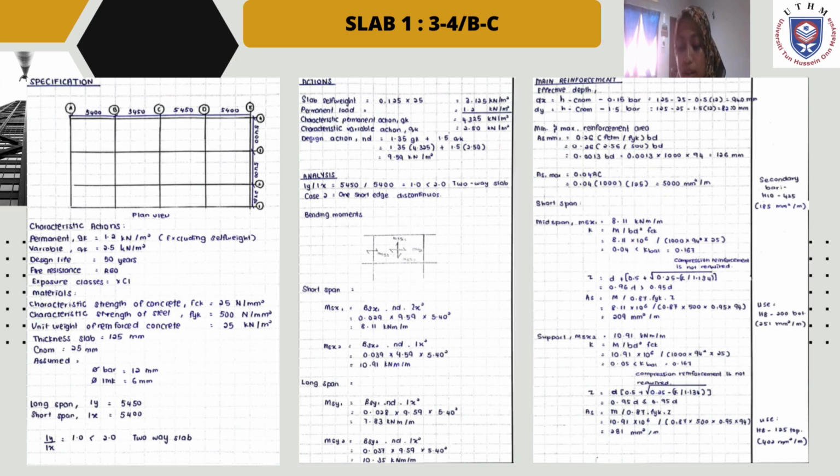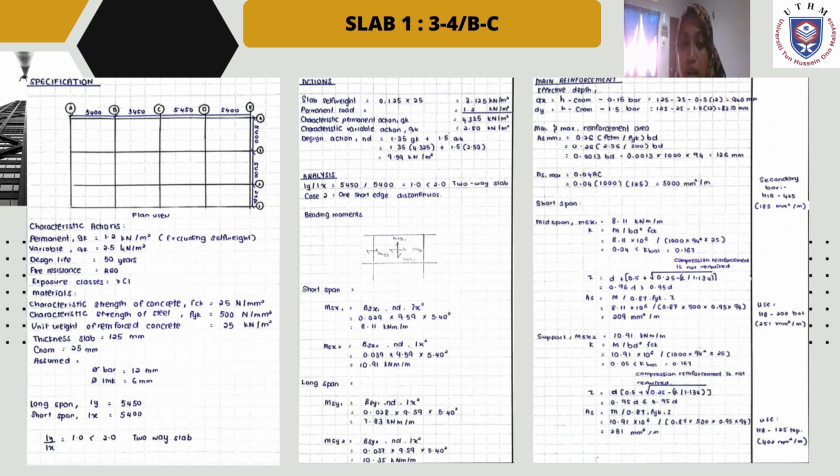Next we go to main reinforcement, starting with our effective depth. dx is 94 mm, meanwhile our dy is 82 mm. Next is our minimum and maximum reinforcement area. Our As minimum is 126 mm, meanwhile our As maximum is 5000 mm cube per m.